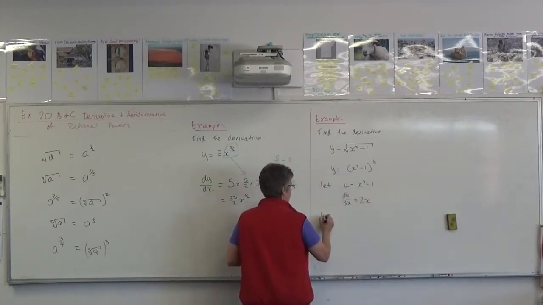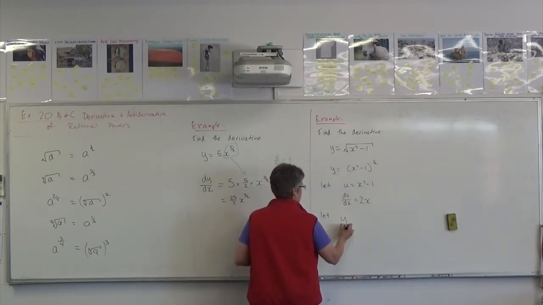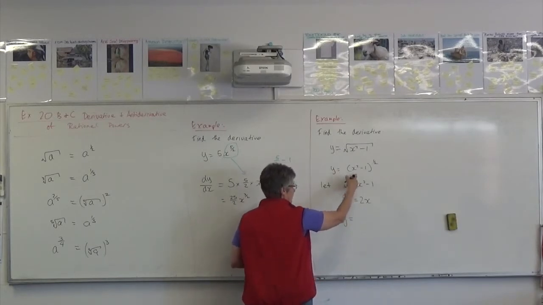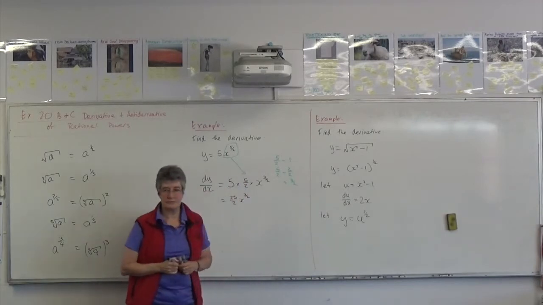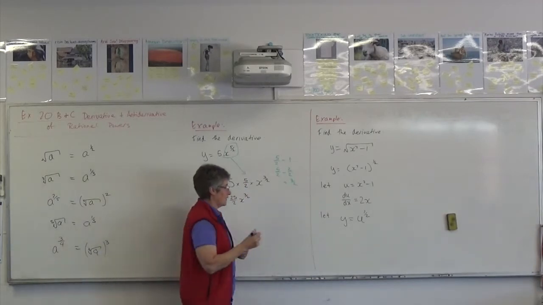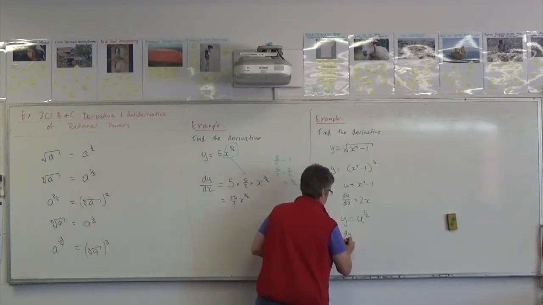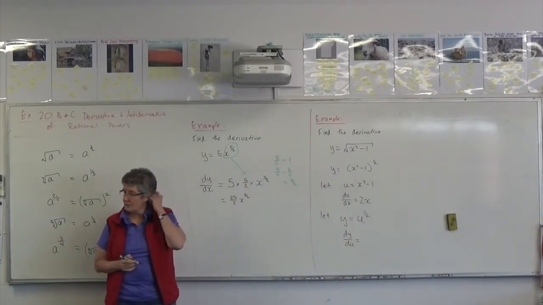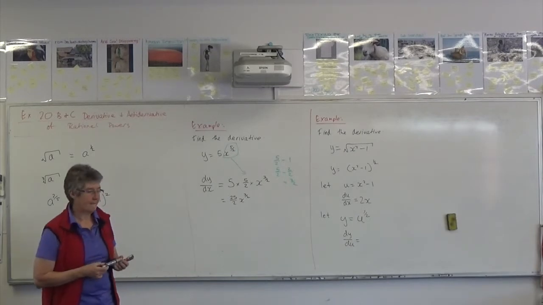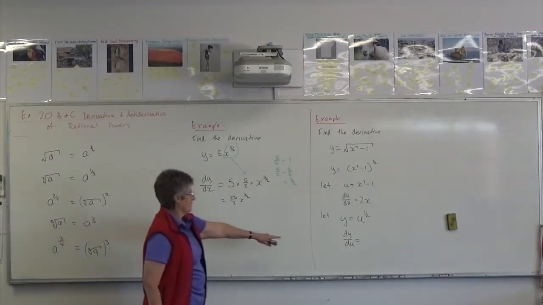Now I go back to my y. Now I put that as u, so it's going to be u to the half. So now I've got to find dy/du. So what's the derivative of this?